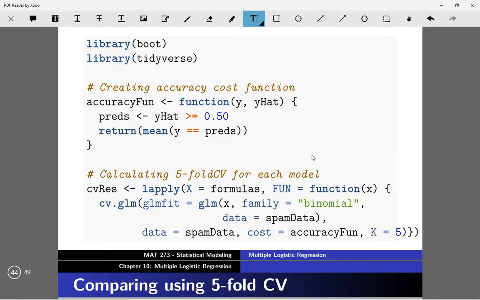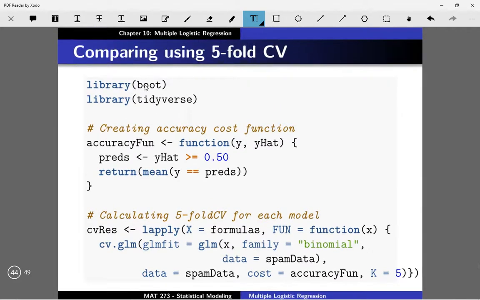Now to look at the cross-validation accuracy for each of these models, I load the boot package from R that allows us to use the cv.glm function, cross-validation for generalized linear models.